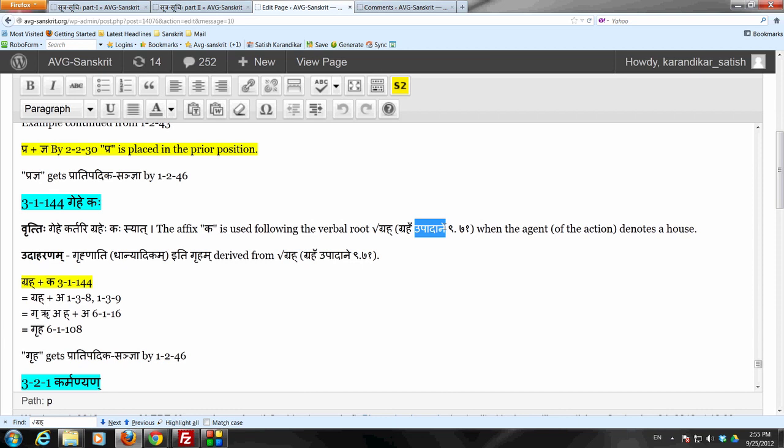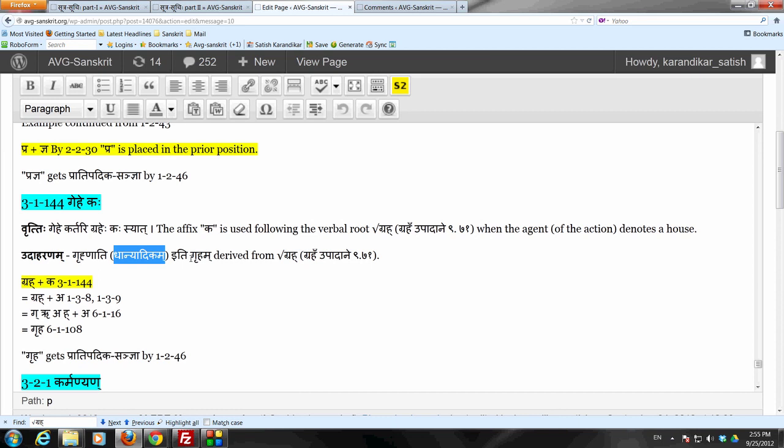So grashnati dhanyadikam iti graham. So that which takes in, which accepts things like grains, etc. So it is a storehouse of these things. So it accepts these things. That's how it's graham. I mean, nowadays we say, right, in the house we pile up so many things in the house.